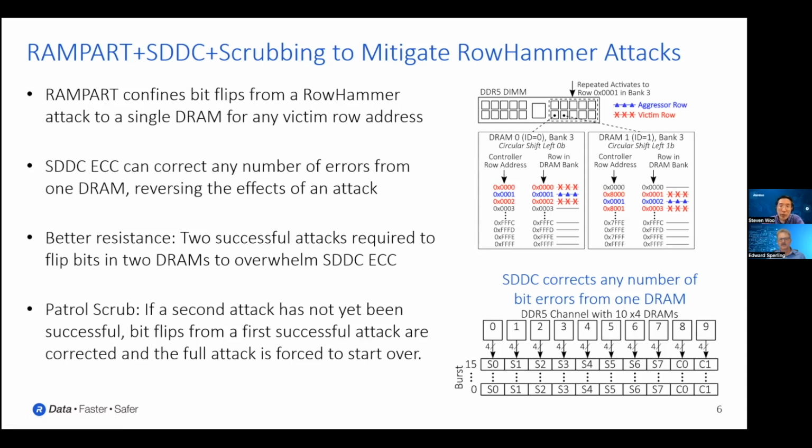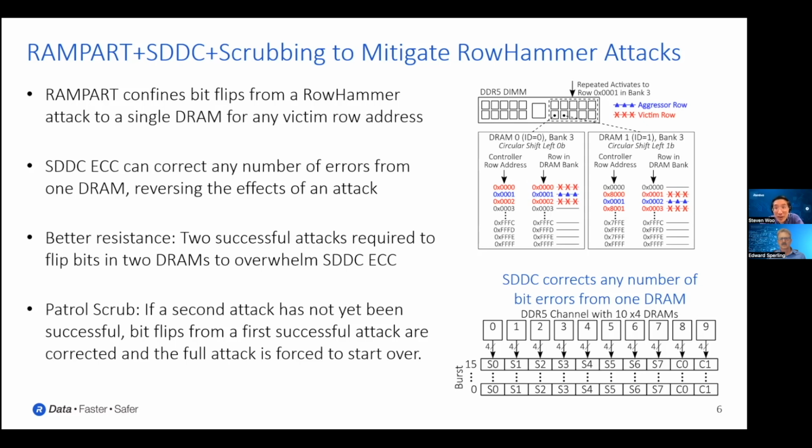When I go through and read the entire contents of memory, I'm going to hit that victim row address and see that there are bits that have flipped at that address. The chip kill ECC will correct those bits and then write the correct values back into memory. And what it does is it basically heals the memory system from that one successful attack, and it causes an attacker to start over again from the beginning.